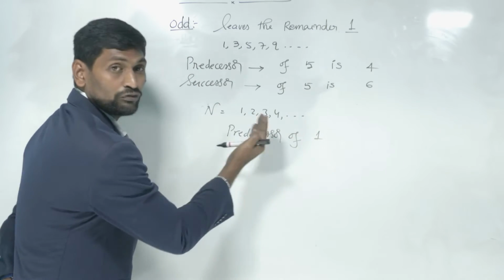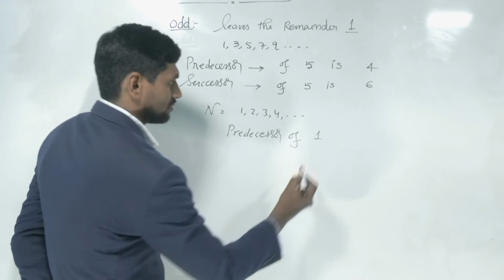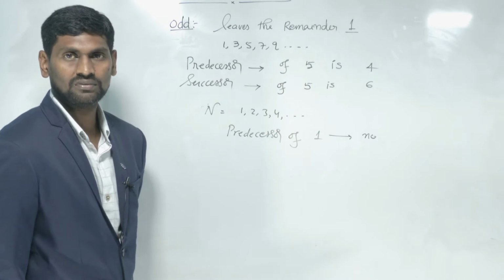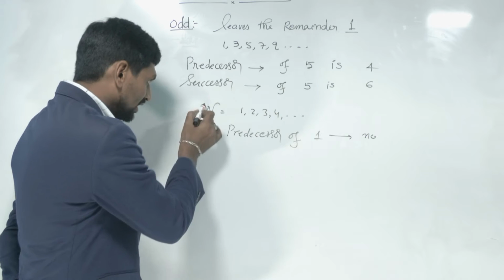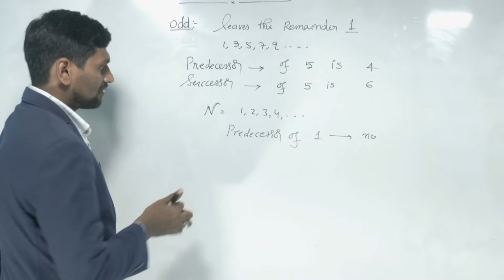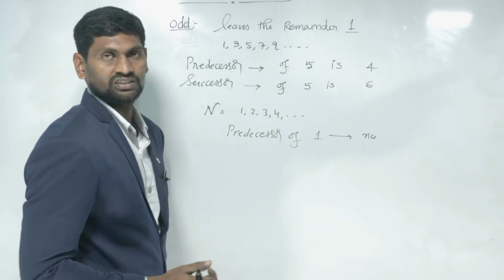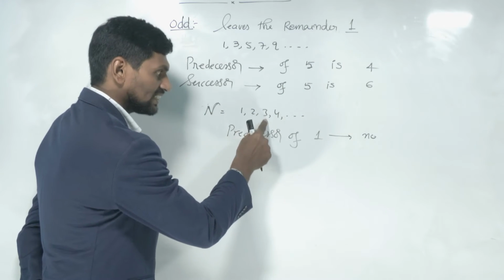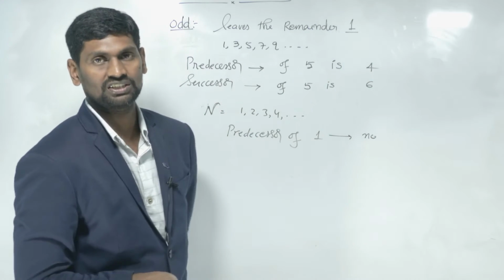Is there any number before 1? No. So there is no predecessor in the set of natural numbers, not integers. Successor of 1 is 2, successor of 2 is 3, 3 successor 4, 4 successor 5, like that.